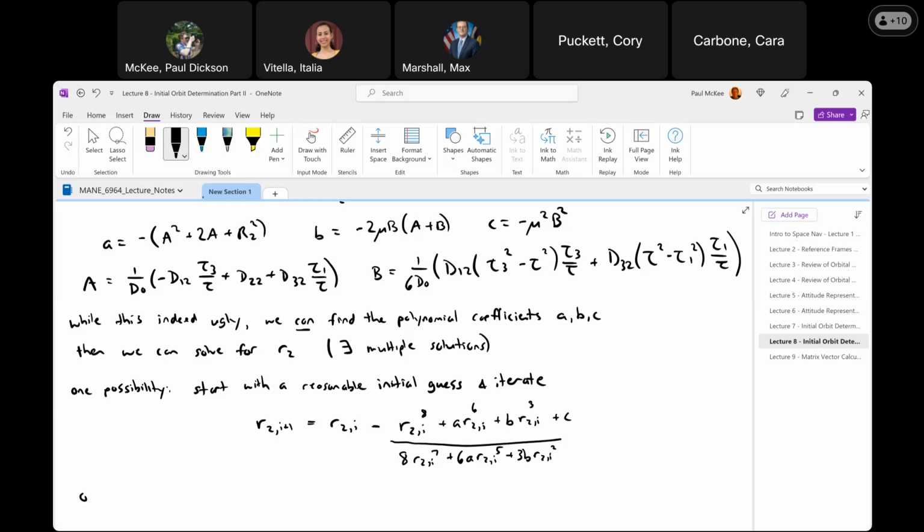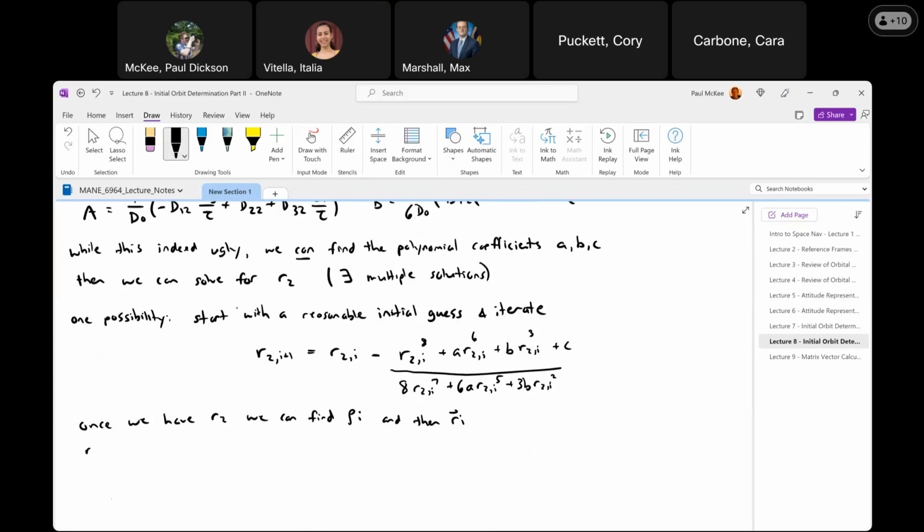Once we have R2, we can find rho i, the unknown ranges, and then the positions Ri. And so there's one final step, rearranging the Lagrange coefficients from the beginning of this derivation.